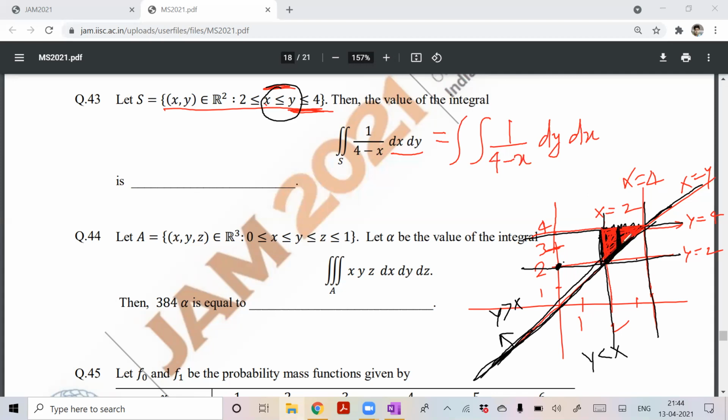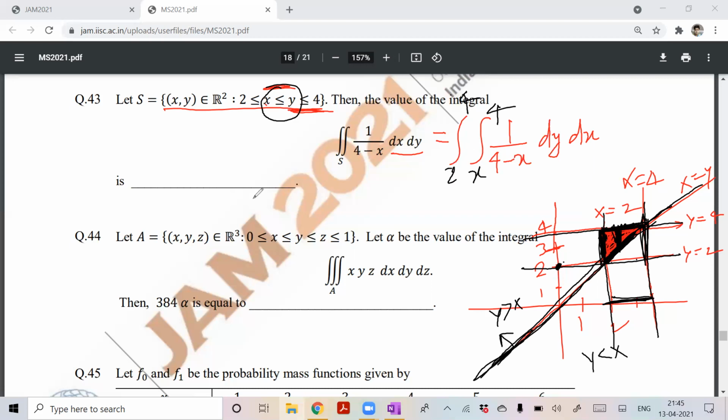The bottom of the line falls on y equals x, so y starts from x, and the top of this vertical line is y equals 4. And what is the limit of x? This strip moves horizontally from one line to the other, so x can vary from 2 to 4.